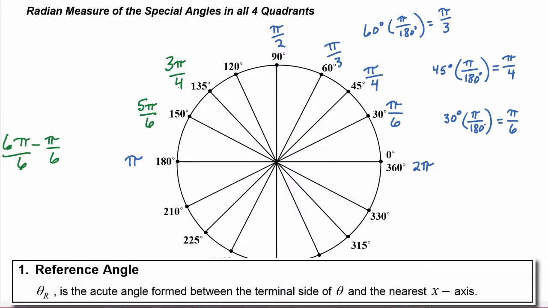And again, if you're having trouble thinking of that, pi is the same as 4 pi over 4. So 4 pi over 4 minus 1 pi over 4 is 3 pi over 4.